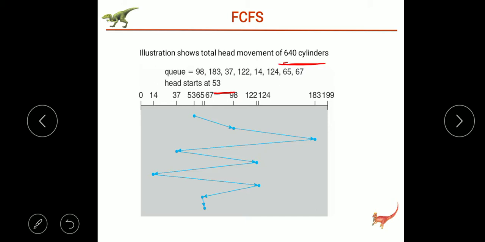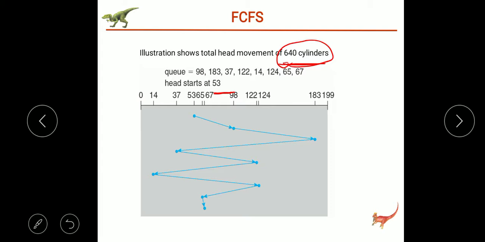Let's see how we got 640 as the head movement. The head movement is nothing but the seek time. We have to go on taking the differences and then adding those differences to get the total head movement.